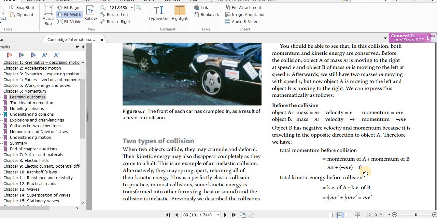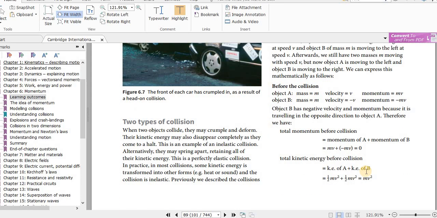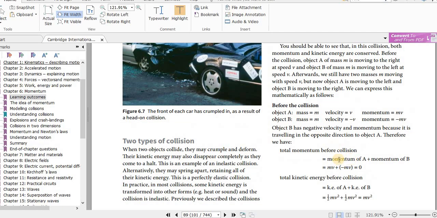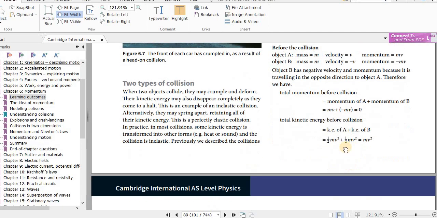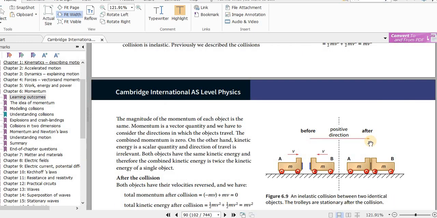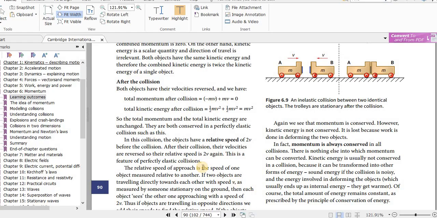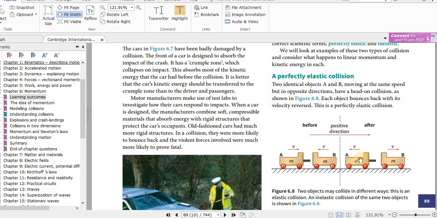Now again, you can see this is the kinetic energy. So kinetic energy of A plus the kinetic energy of B, that is mv squared. Now after the collision also you can find. Now there are 2 bodies, so m times v, m times v.